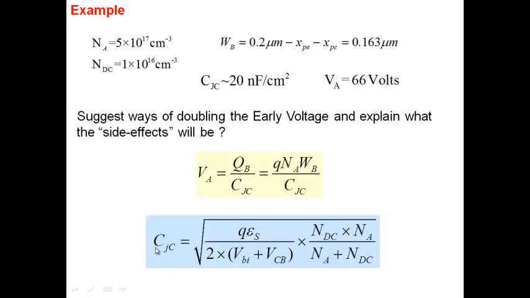If you look at CJC, if you look at NDC NA over (NA plus NDC), look at the ratio here. NA is 50 times higher than the collector doping. So NA is not going to have an effect here. NA will drop out, so collector junction capacitance will not change. And as you try to double NA, what will happen to WB? Will it increase or decrease?